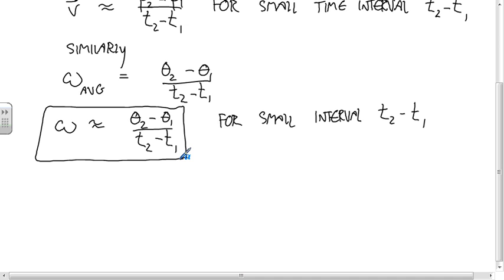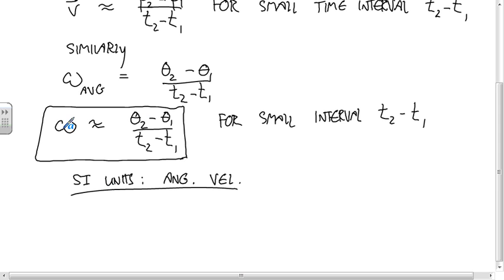So based on this equation, what are the SI units of angular velocity? Well, what are the units of the numerator of this fraction? The denominator is seconds. The numerator is radians, or it's just a pure number.